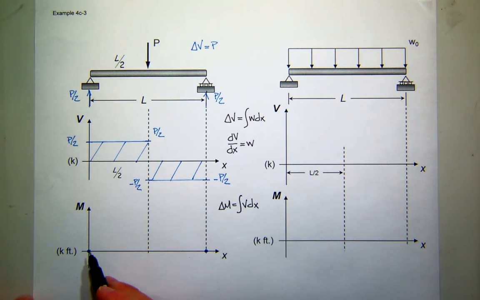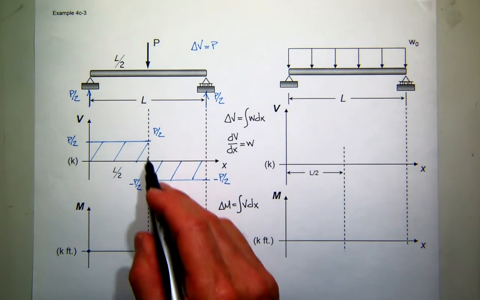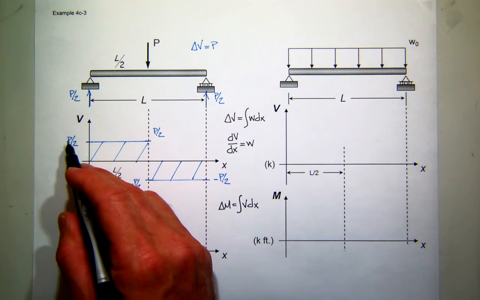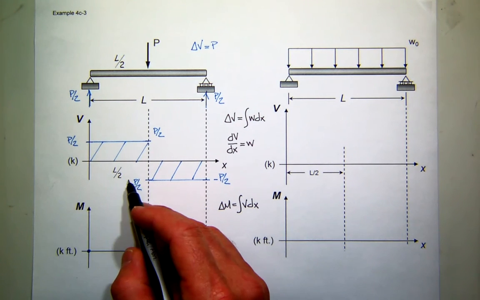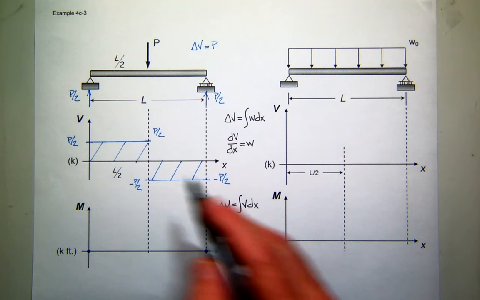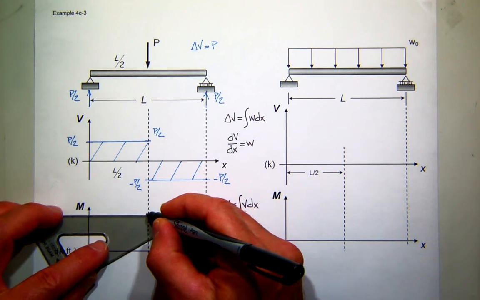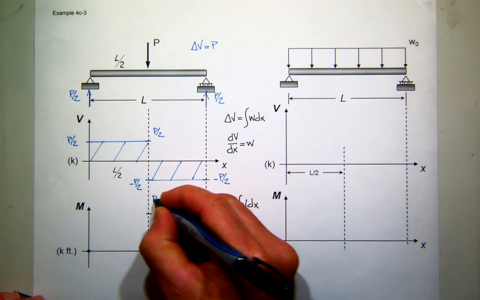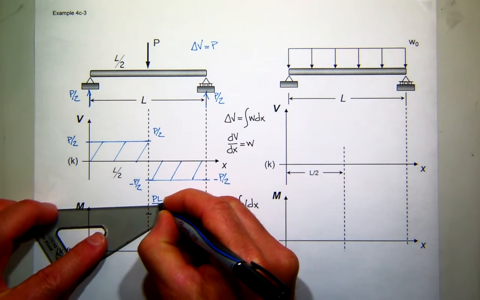So what's the change in moment from 0 to L over 2? It should be the area under the shear diagram, which is P over 2 times L over 2, which is PL over 4. So I should get a positive value of PL over 4.